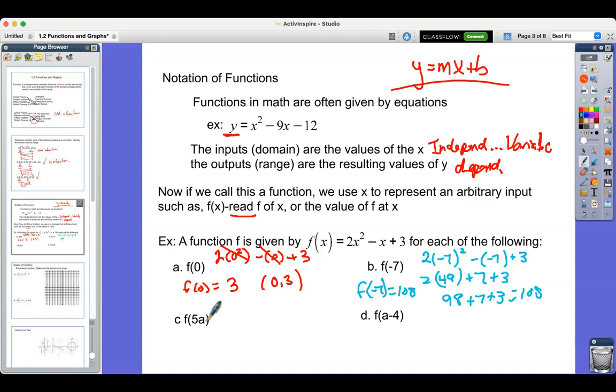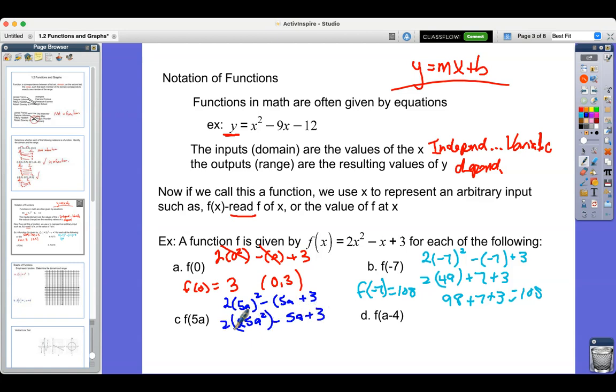All right, so on 5a, you plug that in there. Let me change the colors. We'll have something like this. It'll be 2 parentheses 5a, that's squared, minus 5a plus 3. So we square the 5a, we get 25a squared, and then that's times 2 minus 5a plus 3.